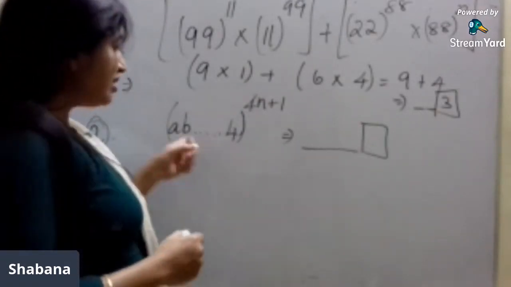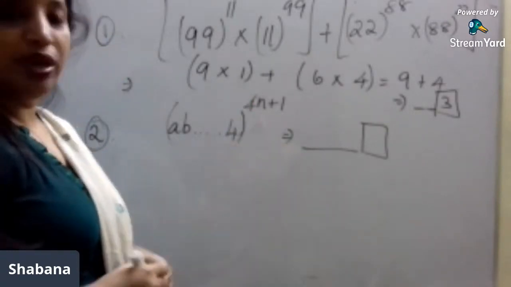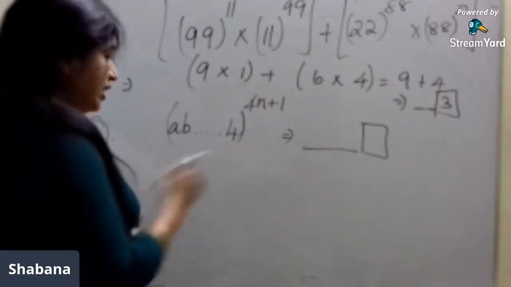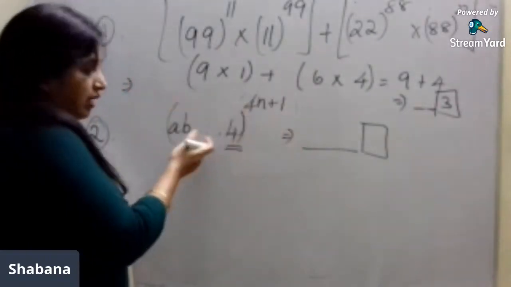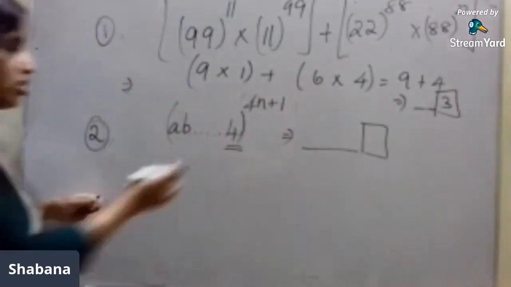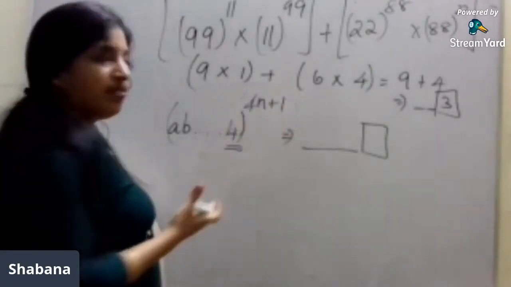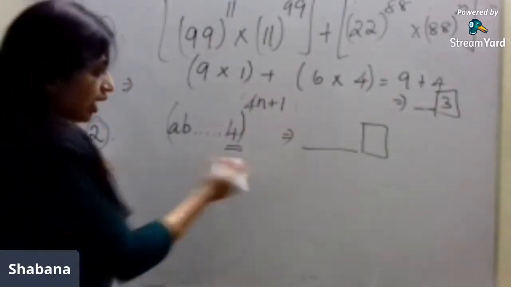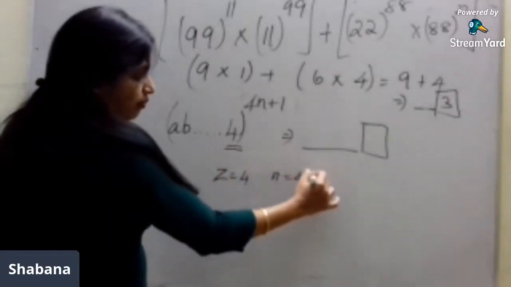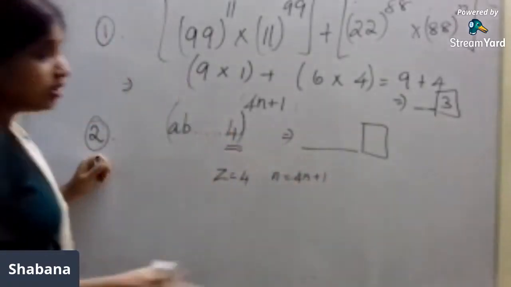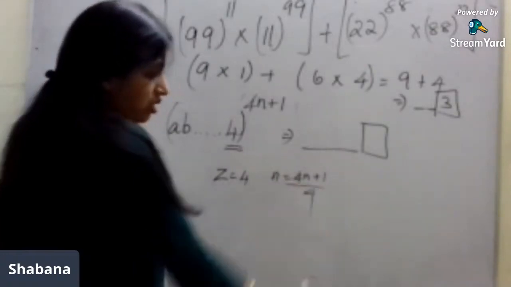So here in this case, we have 4 to the power 4n plus 1. All you need is this number and this number. As I told you in the beginning, we are not bothered about the rest of the numbers. I know my Z is 4 and my n is 4n plus 1. The first step is to divide this by 4.